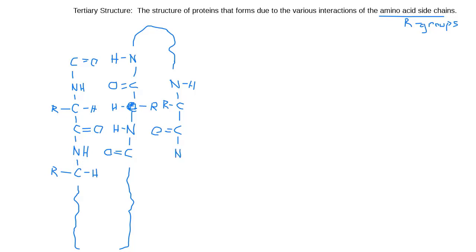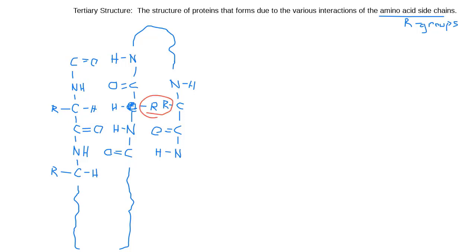And because the R groups can interact with each other, it ends up leading to the creation of what are known as tertiary structures.